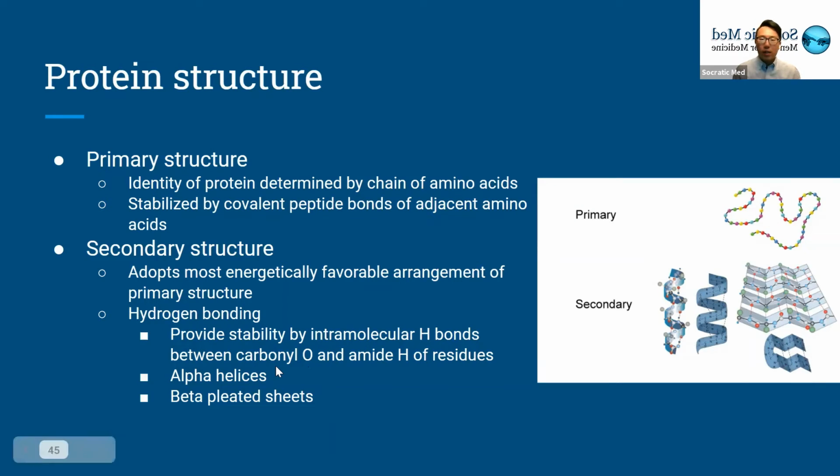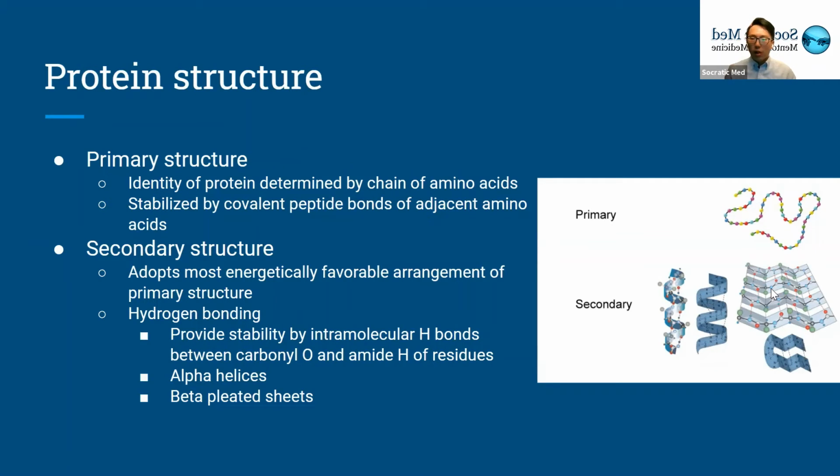Hydrogen bonds between the different amino acids provide stability. They form these two structures on the right. You see primary is just the chain of amino acids, but then in secondary, they form these alpha helices on the left, and on the right are these beta pleated sheets.